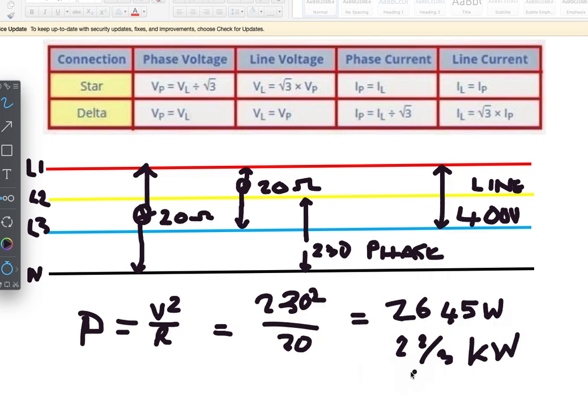It's almost 2666. Okay, let's have a look at the other lamp.